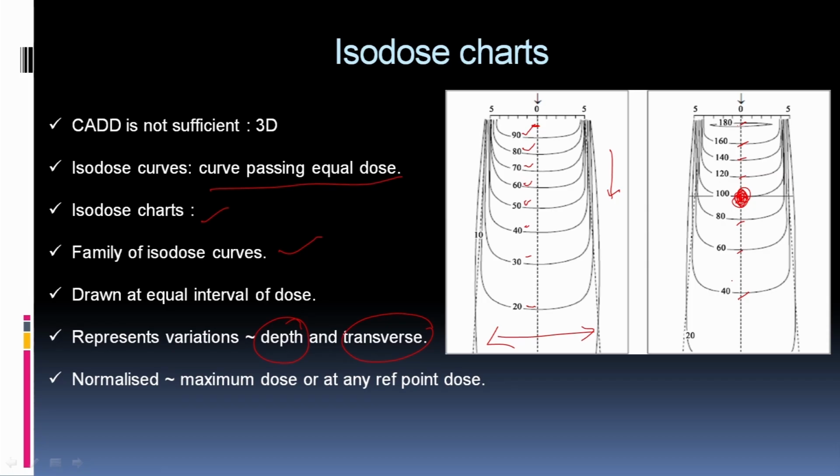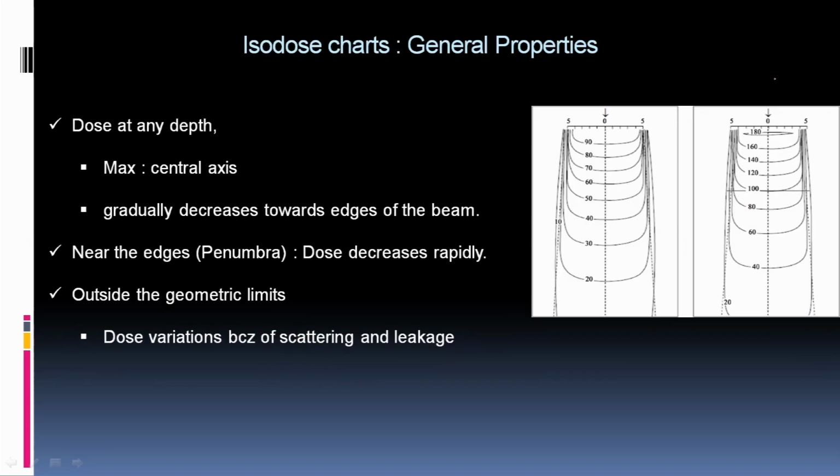But if we consider the average student's number as 100, then there will be more than 100 and there will be less than 100. So this is the concept of normalization. Here this curve is normalized at maximum dose and this curve is normalized at reference point dose. Now isodose charts, they have some general properties.